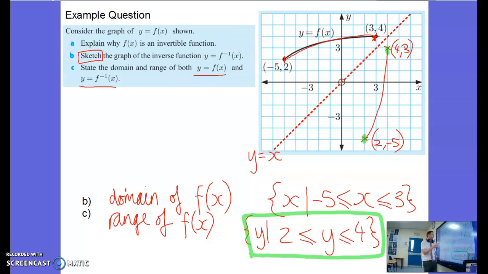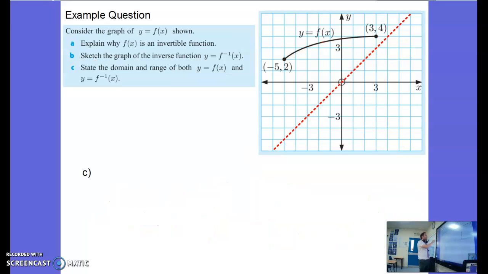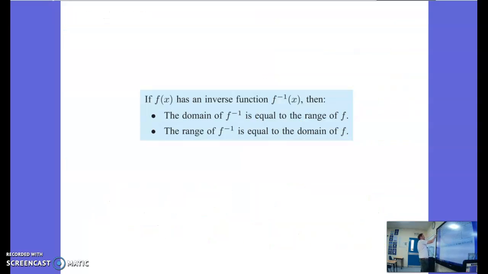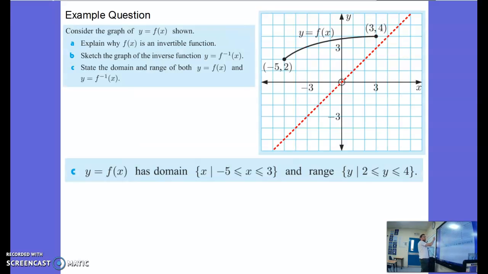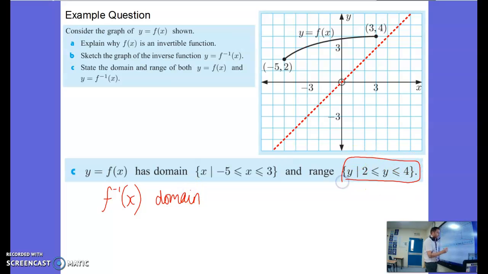I'll try and say that again in plain language. There's my domain and range. So the domain of the inverse is equal to the range of f. The range of the inverse is equal to the domain of f. So there's my domain and range for f of x. So my f minus 1 of x has domain, and we'll take it from here, but it's going to be the x values.